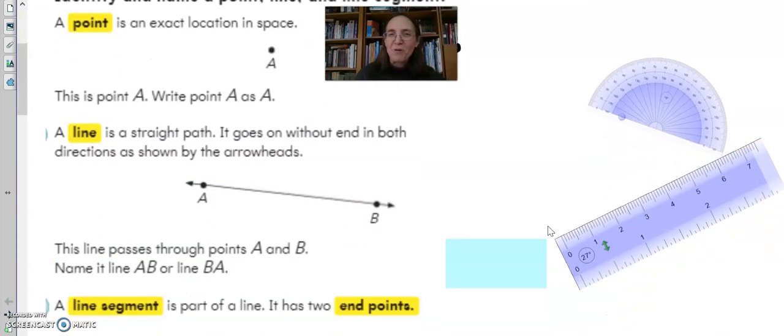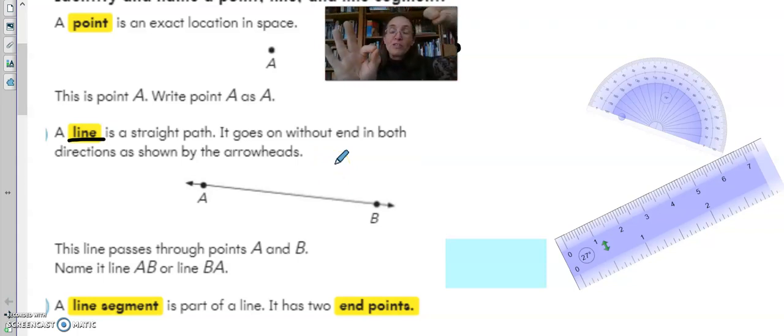Now here's another one where you might think, oh wait, Miss Foster, I already know what the word line means. And the answer is yes you do, but maybe you don't. So a line is a straight path. That part you already knew. But here's the tricky mathematical thing. For mathematicians, when they say line, they mean that the line goes on forever and ever in both directions.